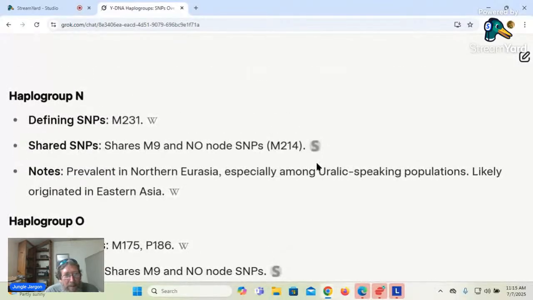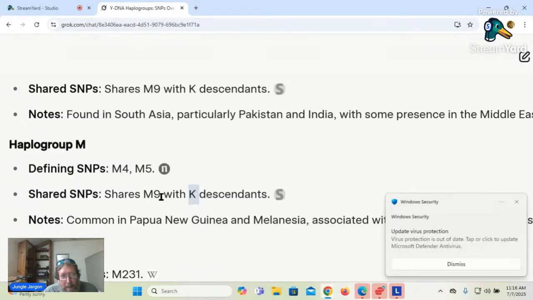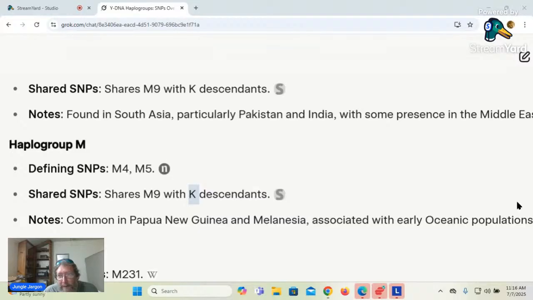Where's M? Oh, there's M. M and S are two different branches from the same lineage. They branch off from K tubal. Maybe that's why they have the M9 there. But I don't know why the other ones wouldn't share the M9. I don't know why Q and R don't have the M9.